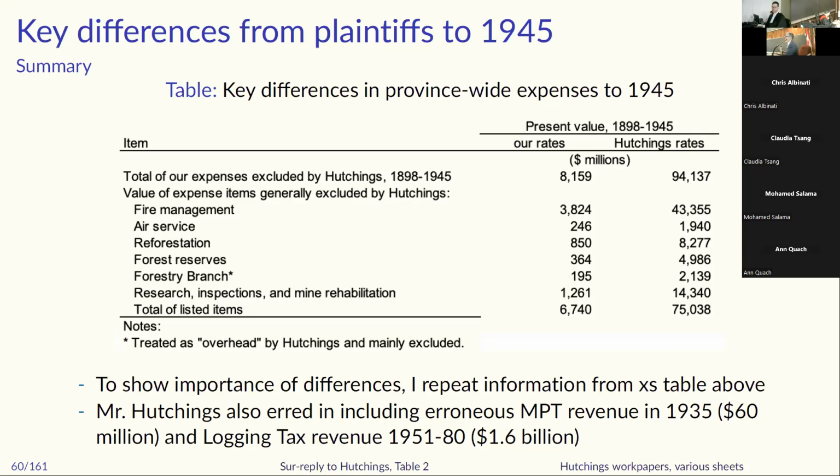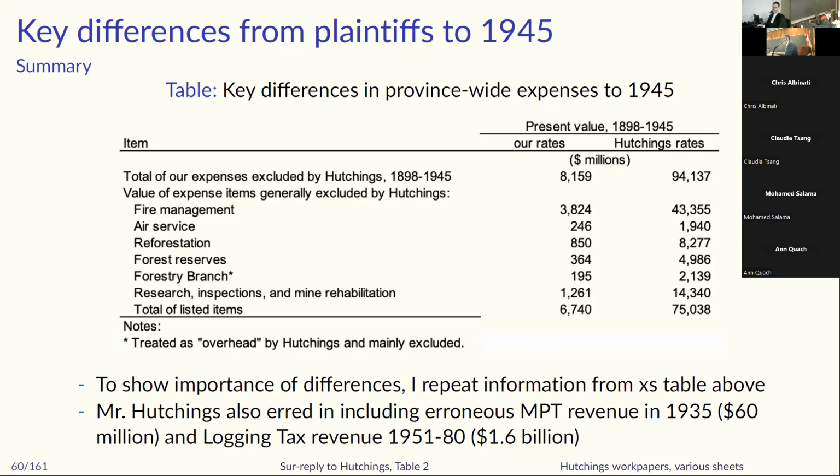We discussed the two important places in which Mr. Hutchings included revenue from MPT and logging tax, which we do not feel should have been included. And it gives the present value dollar amounts for those two, we think, erroneous inclusions at $60 million and $1.6 billion province-wide, respectively.